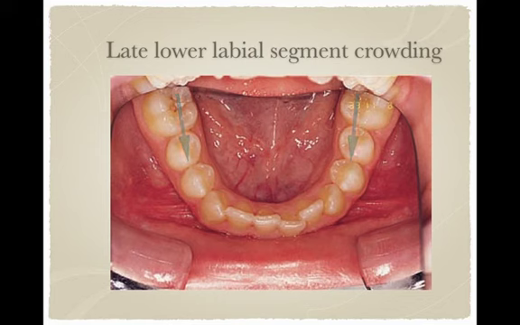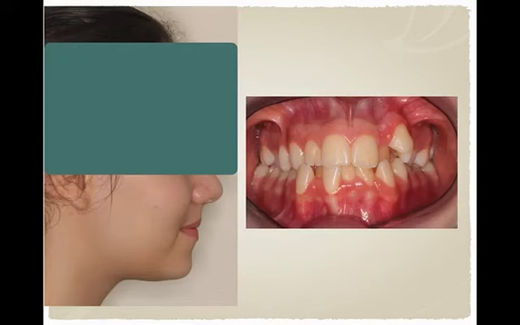So all these theories are trying to explain why we will have late lower labial segment crowding. But the most important thing to know is that it's not justified to extract wisdom teeth just to avoid late lower labial segment crowding. And this is also how we see the patient with class 1 whose lower incisors are retroclined and crowded, simply because they are trying to compensate for any mesial force that moves them mesially, either growth, or wisdom teeth, or the direction of the horizontal vector of the occlusal forces.